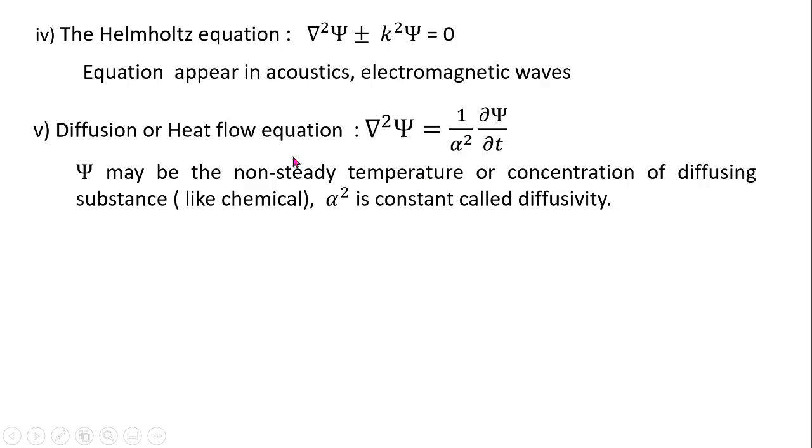Therefore, this diffusion or heat flow equation is a partial differential equation. Psi may be the non-steady temperature. Non-steady means it is changing with respect to time, or the concentration of a diffusing substance like a chemical. Alpha square is a constant called diffusivity. So this equation is a partial differential equation.